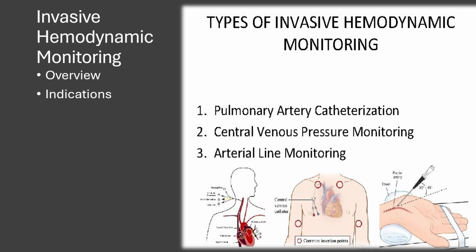Invasive hemodynamic monitoring can provide us with information that we may not be able to get with our non-invasive tools, such as our pulmonary artery wedge pressure, our pulmonary artery pressure, our central venous pressure. We may use a pulmonary catheter to get these numbers, or we can connect a pressure bag to our central line and get our central venous pressure that way.